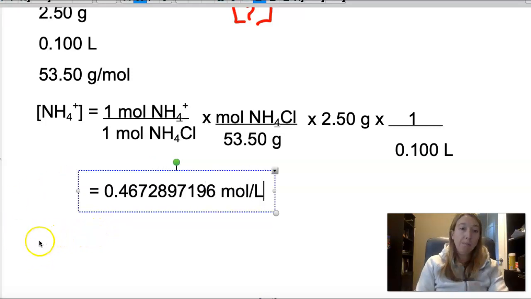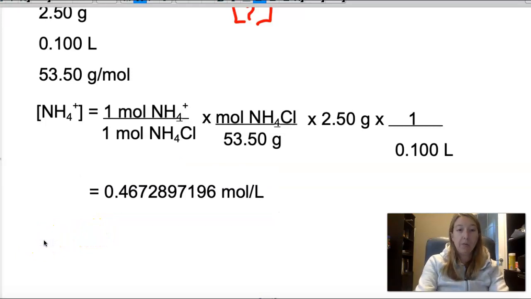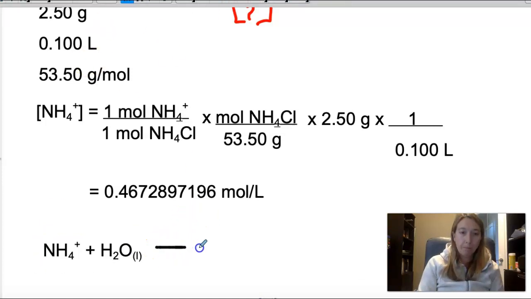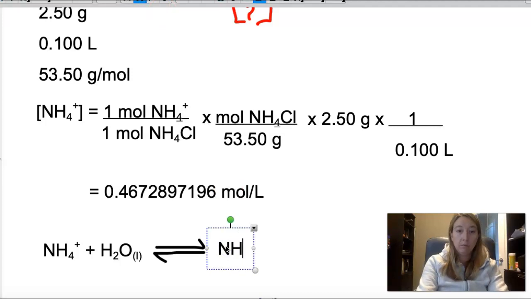Okay, from here, set up our equilibrium expression. So we have the ammonium ion plus water. It's going to be an equilibrium with ammonia and hydronium.